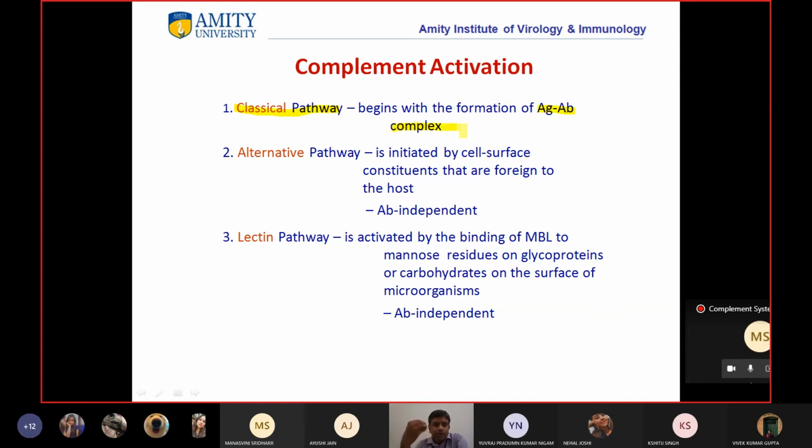For the classical pathway to start, an antibody has to bind to the antigen. When this antigen-antibody complex is formed, the classical pathway gets initiated. Next is the alternative pathway. It is initiated by cell surface constituents that are foreign to the host.